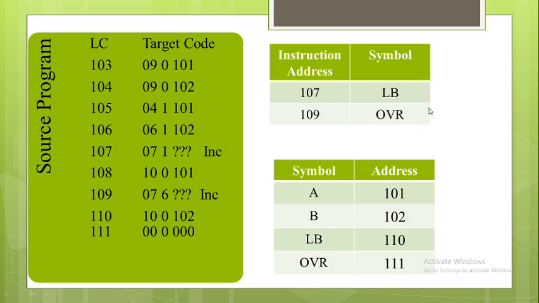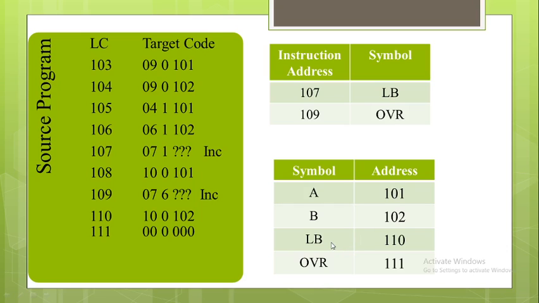In this way, the TII maintains the list of instructions which are incomplete, and at last the symbol table contains the addresses of all the symbols defined in the source program. Before this we had two symbols with the corresponding addresses 101 and 102.